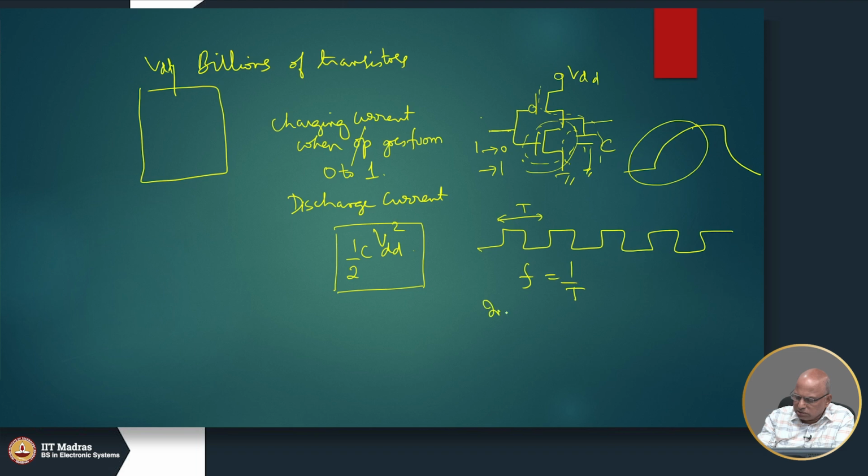The input activity factor is, let us say, some small percentage k, which is much less than 1. So, whenever that activity occurs, the amount of energy will be half C VDD square.